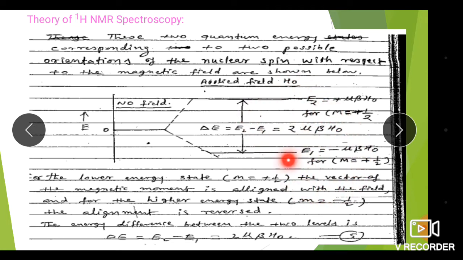Then m is equal to minus half and E2 is equal to plus mu beta H0 is the higher energy state, so the energy increases, and here the energy decreases when m is equal to plus half.